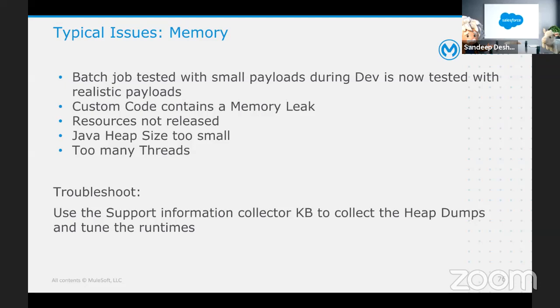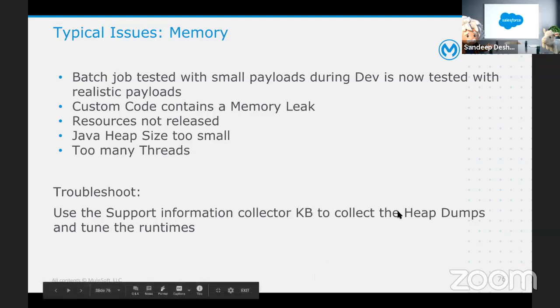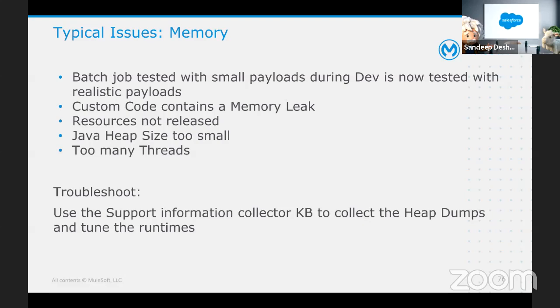When we did the heap analysis, we found they had logging all over the Mule API, and when they optimized it, they saw a reduction of more than 50% of heap memory used. So it's very important to collect heap dumps and use memory analyzer tools, for example Eclipse Memory Analyzer, which helps you understand if there is a memory leak suspect or which component is taking up all the memory.